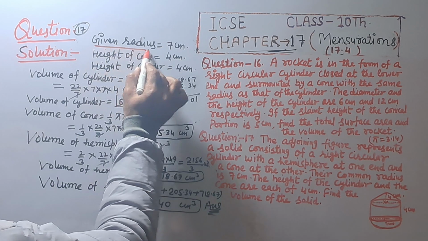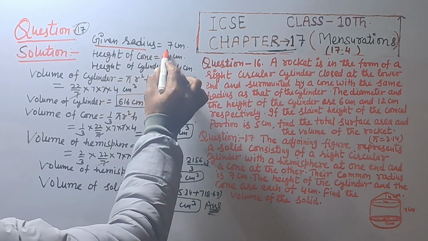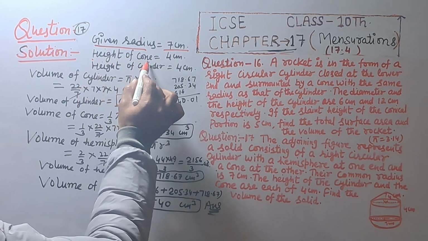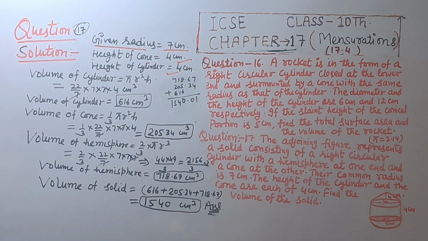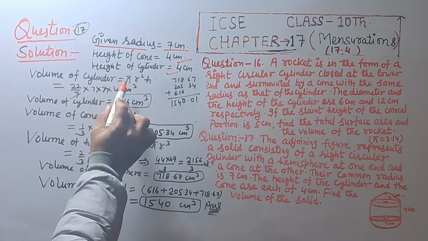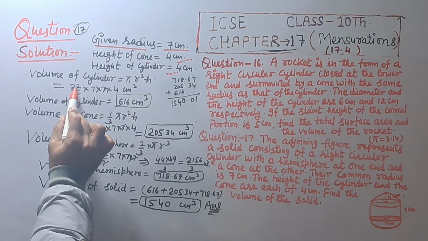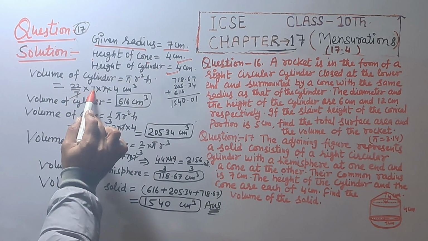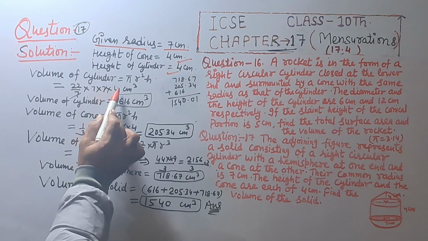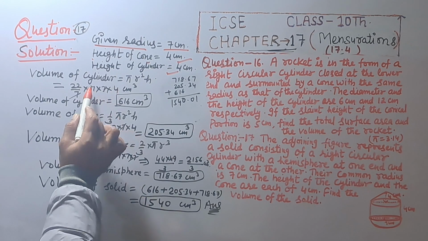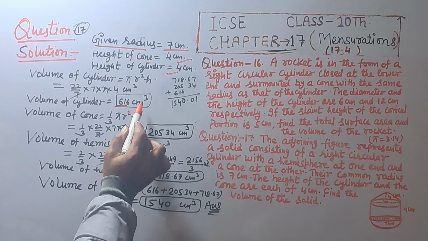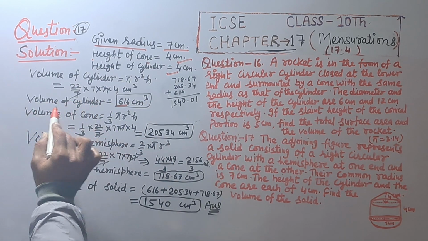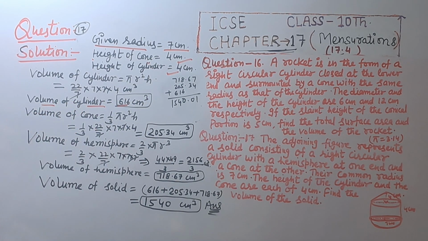Answer. Given radius is equal to 7 centimeter and height of cone is 4 centimeter, height of cylinder is equal to 4 centimeter. Volume of cylinder is pi r square h. Pi is 22 upon 7 into radius is 7 into 7 into height is 4. Then we get 616 centimeter cube. It's volume of cylinder.